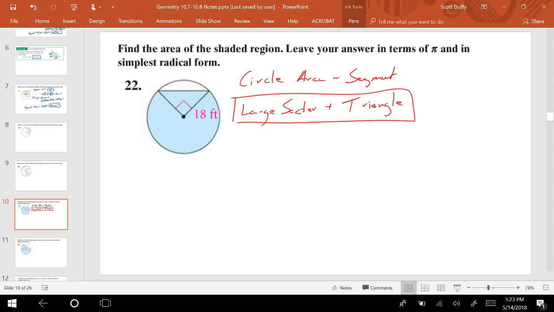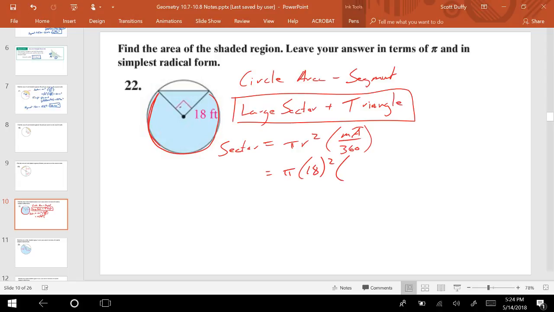To find the area of the sector, that equals pi times the radius squared times the measurement of the arc over 360. We know it's going to be a radius of 18. Measurement of the arc. So we're talking about this arc now for this.